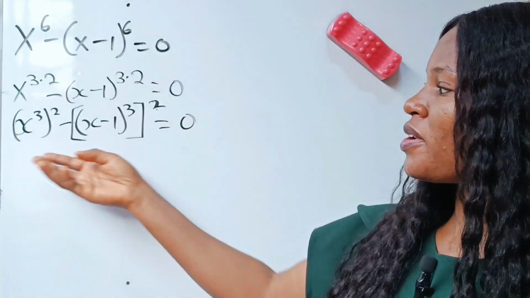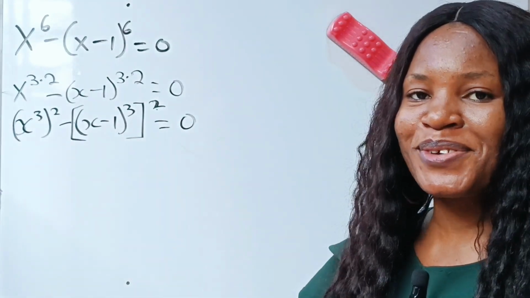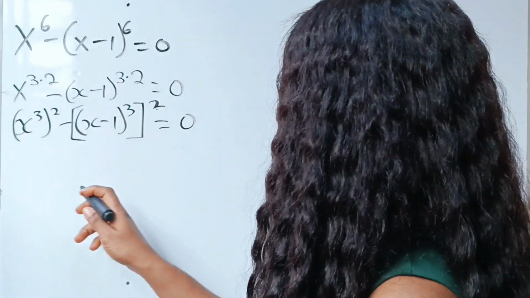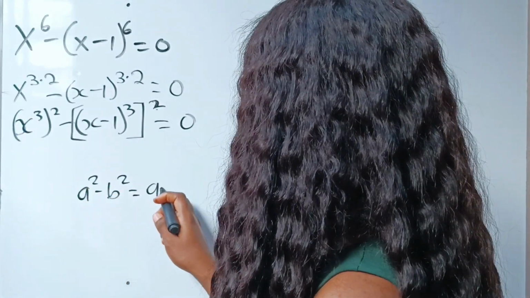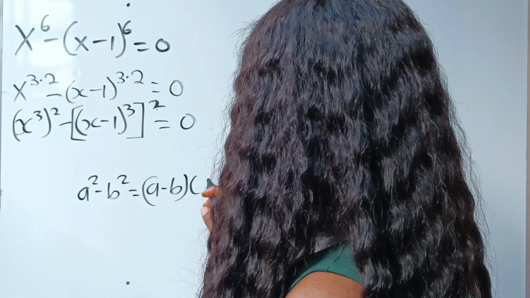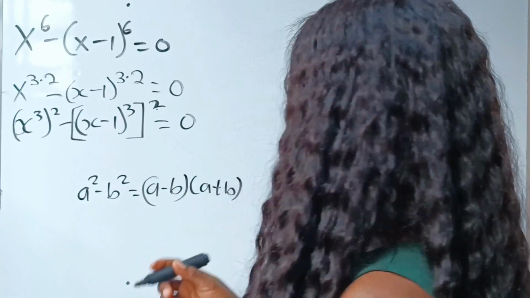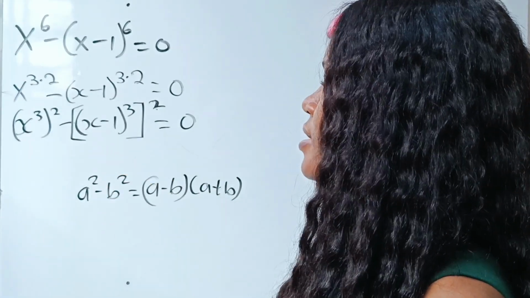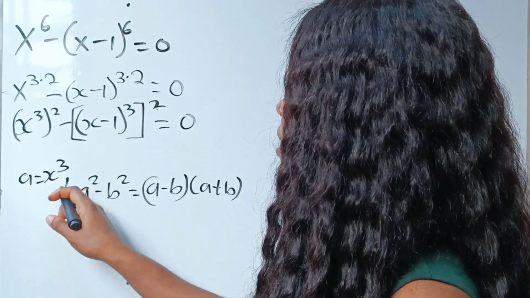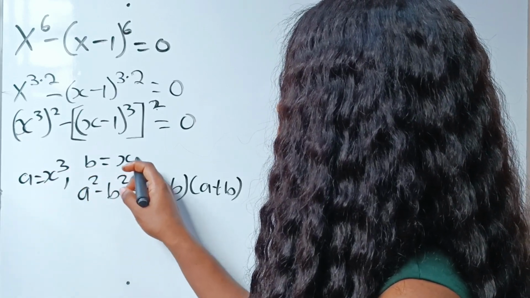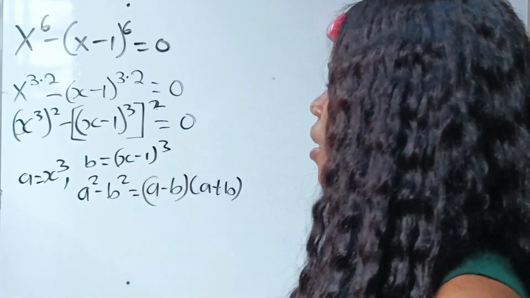Now at this point, notice that we have difference of 2 squares. What do I mean? a squared minus b squared is equal to a minus b multiplied by a plus b. In this case, our a is equal to what? x to the power of 3, and our b is equal to x minus 1 to the power of 3.